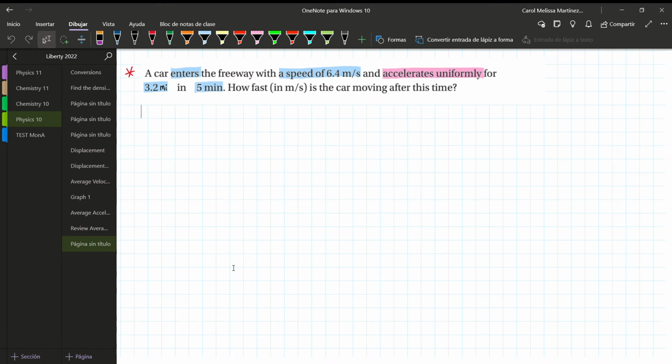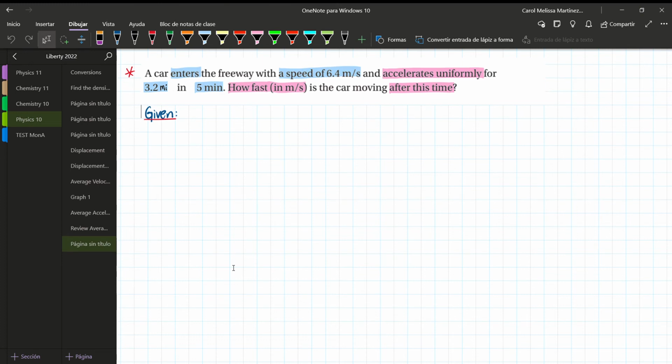So I'm going to write my data. It says a car enters with a speed of 6.4. What is this? Is that velocity or speed before or after? Read the problem. In the problem it says how fast in meters per second the car is moving after this time.